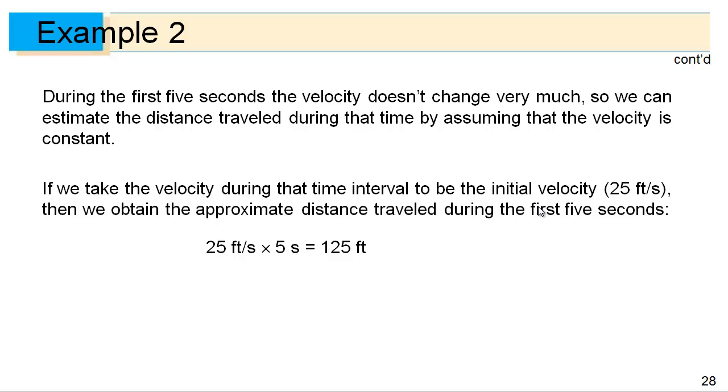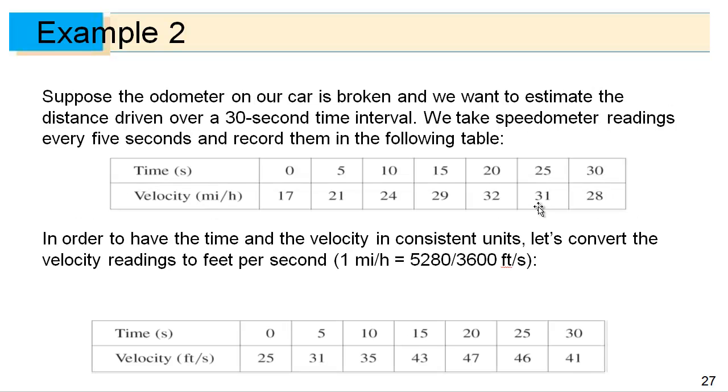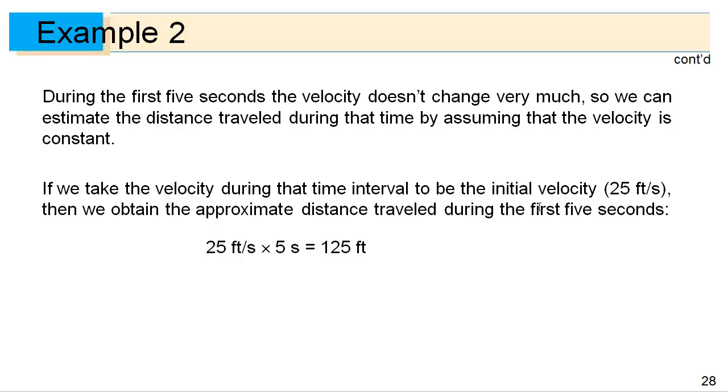So if you do the simple conversion, you get these numbers instead. Okay, now we can figure out how much distance was traveled in each of those intervals if we just assume that the velocity was constant over each of those intervals. So from 0 to 5 seconds, we assume this velocity was constant, and we have 25 feet per second times 5 seconds, the seconds cancel, and we get 125 feet. We covered 125 feet in those first 5 seconds.